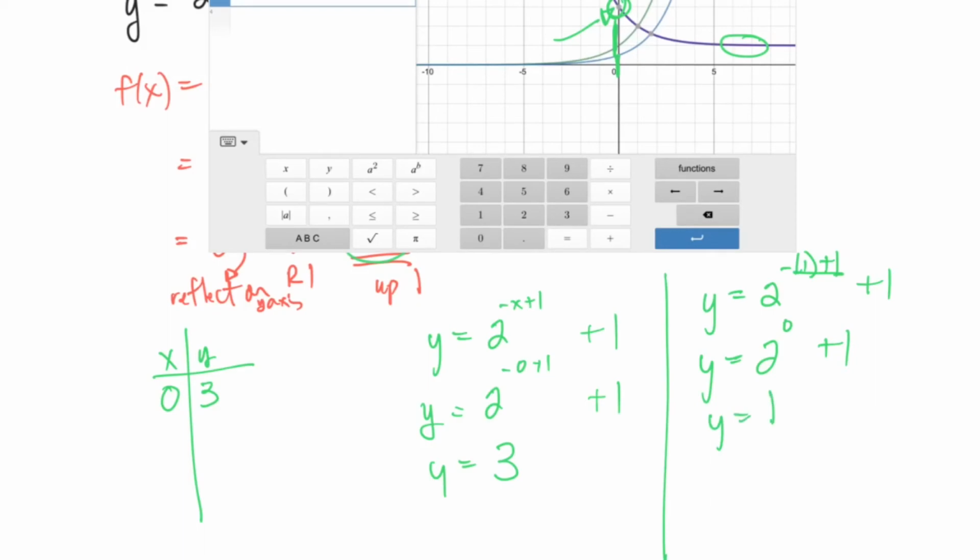Anything to the 0 power is 1, and 1 plus 1 is 2. So when x is 1, y is 2. So 1, 2, that's that point right there. So when we graph it in my labs, we might have to use those 2 points. I'm going to pause here, and then I'm going to fire up another window to record the other part.